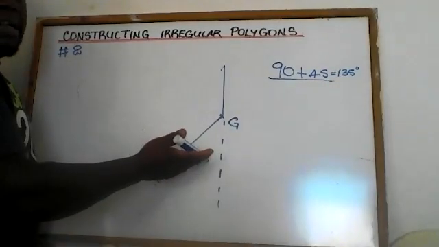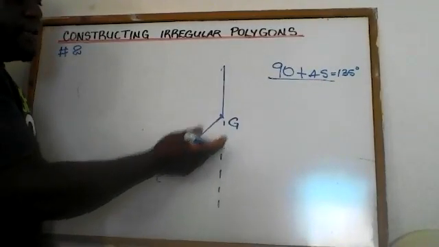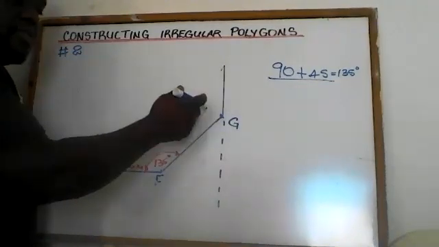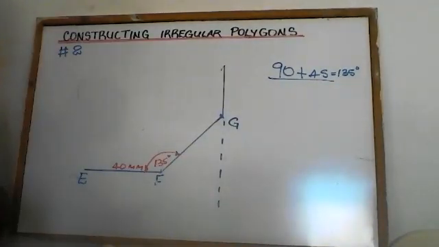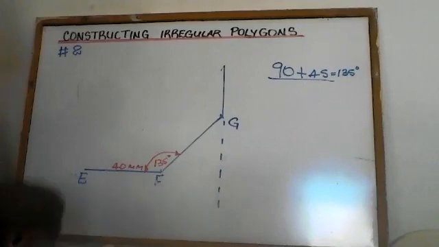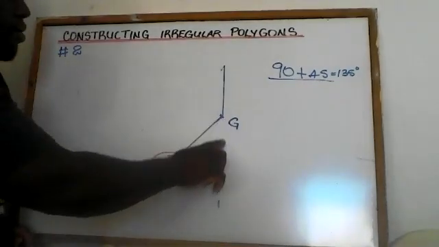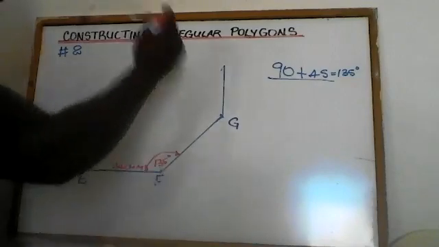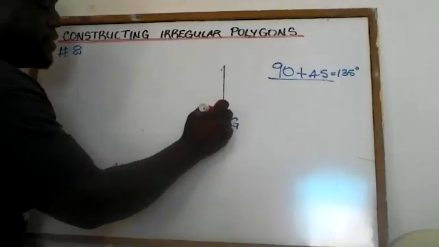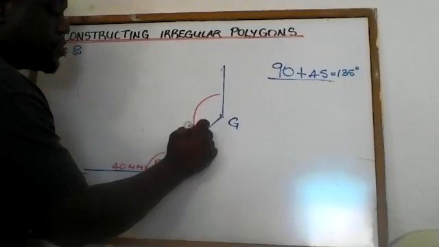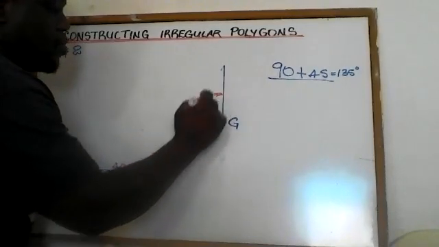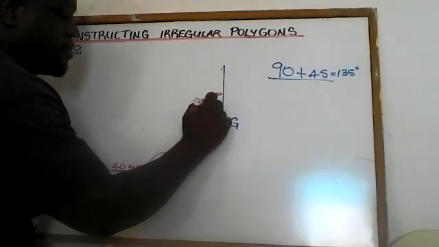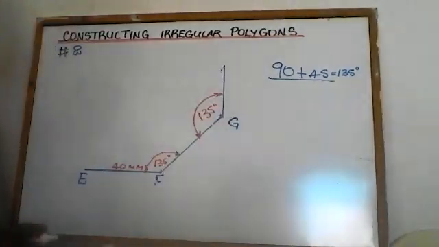The smaller side of the angle is 45 degrees, so obviously the opposite side is 135 degrees. So this is an easy way of obtaining my 135 degrees. A vertical line to the end of point G will produce my angle of 135 degrees again. All right?